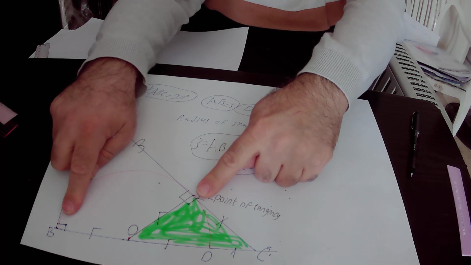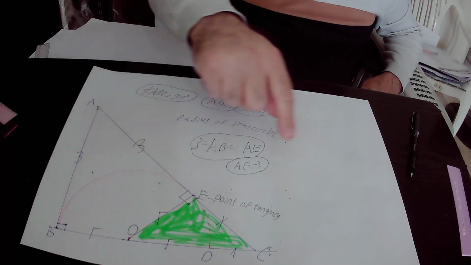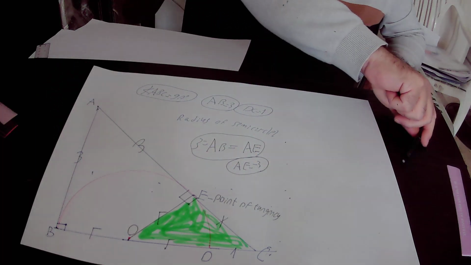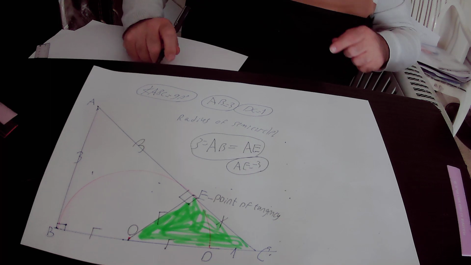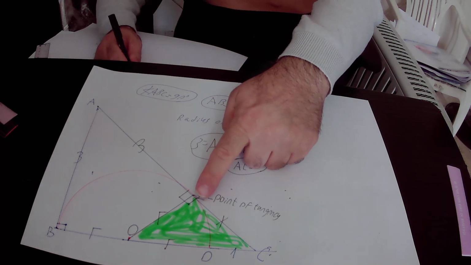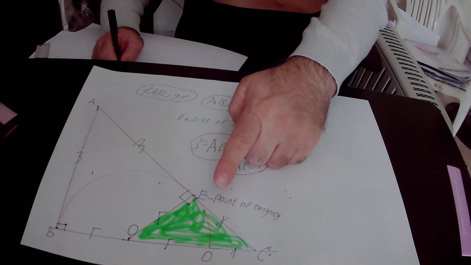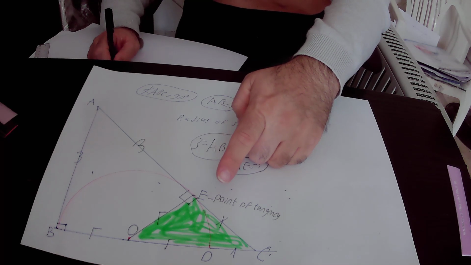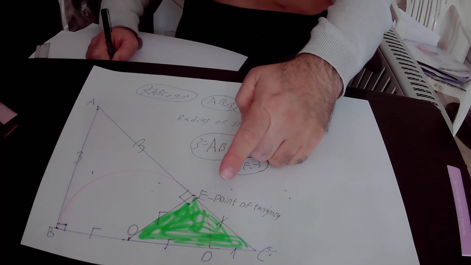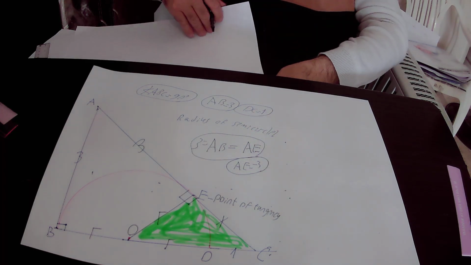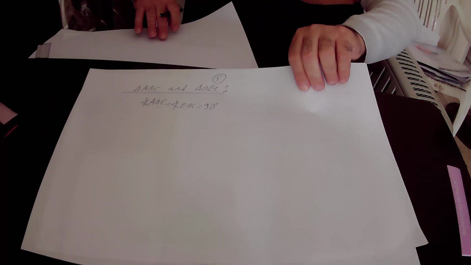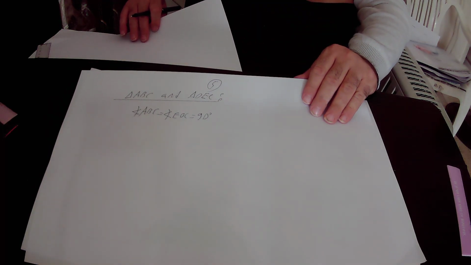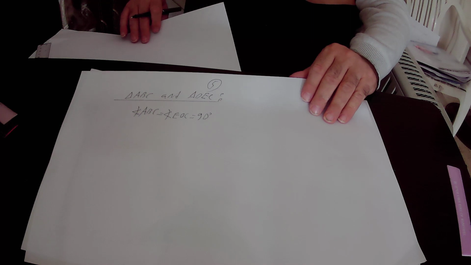They are right angles, so we can write down that angle ABC in triangle ABC is equal to angle EOC, and both those angles are equal to 90 degrees.